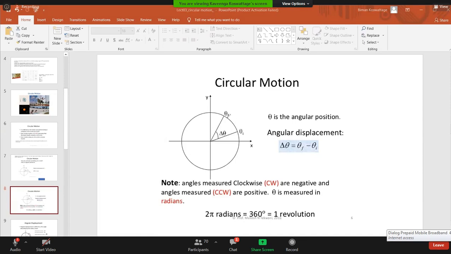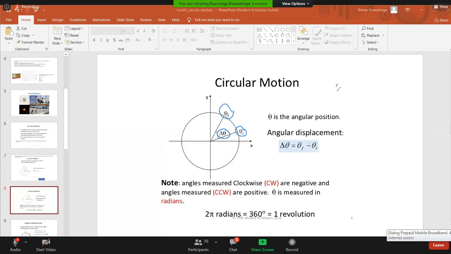So if the object is moving in a circular path, it is the angle in radian. It is important, this angle in radian, right? This angle in radian between the initial and final positions.